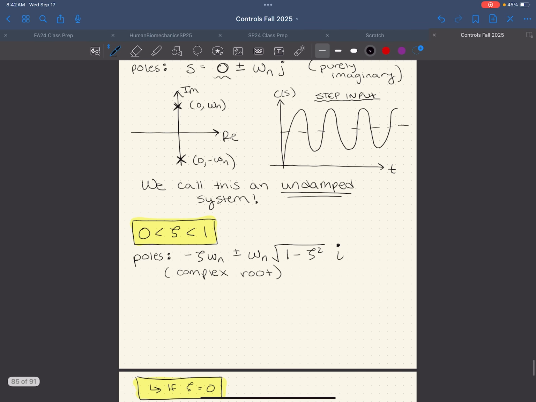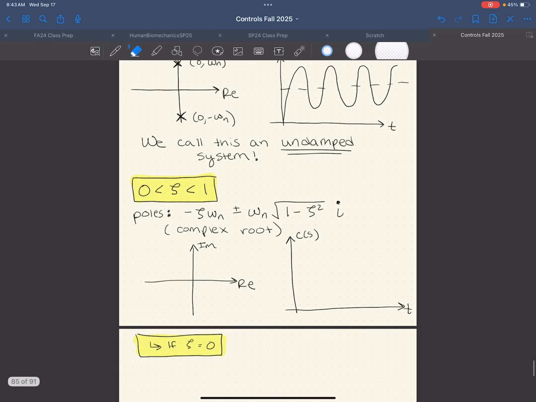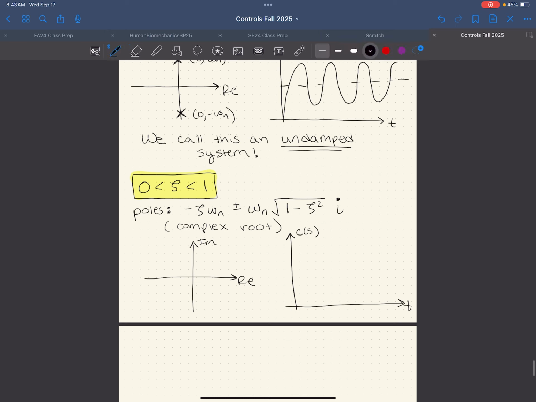Okay, and so like I promised, let's put this on our pole zero map on the S-plane. And we'll talk about the unit step response in the time domain. All right, these roots have both a real and an imaginary part, so these roots are out to the left somewhere.